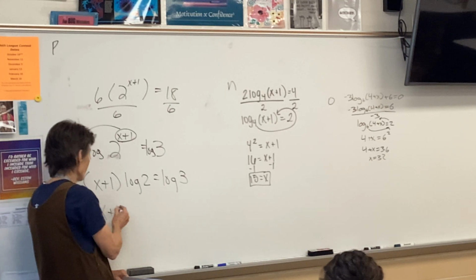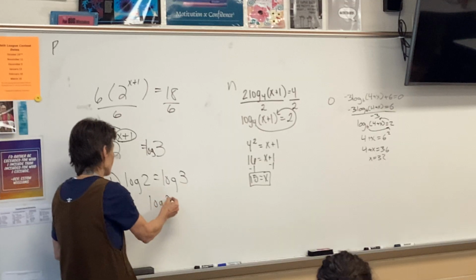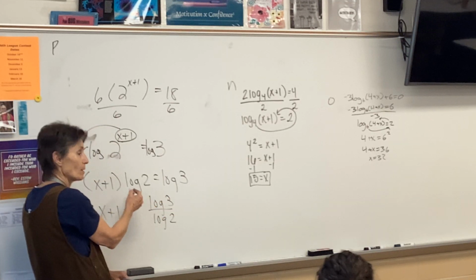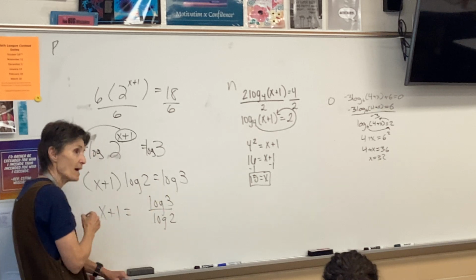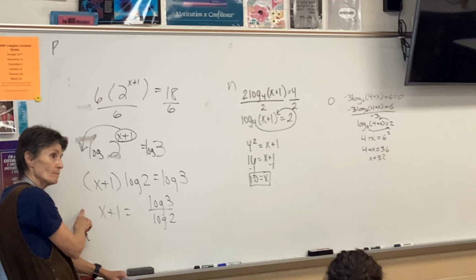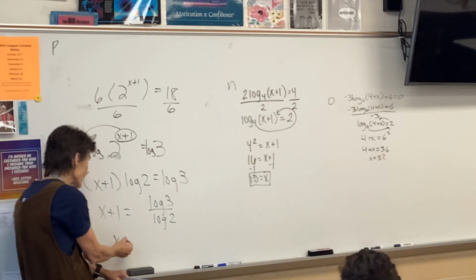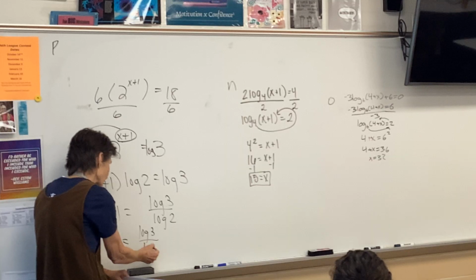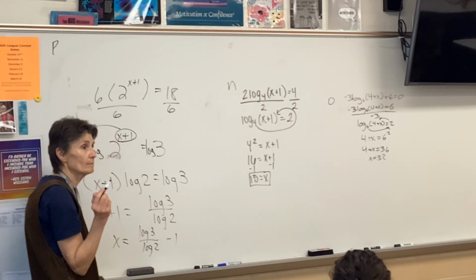And x plus 1 equals log 3 over log 2. Remember, log 2 is just a number, so I'm going to divide both sides by that. Does that make sense to everyone? And then to get my answer, I'll just take that fraction and subtract 1.